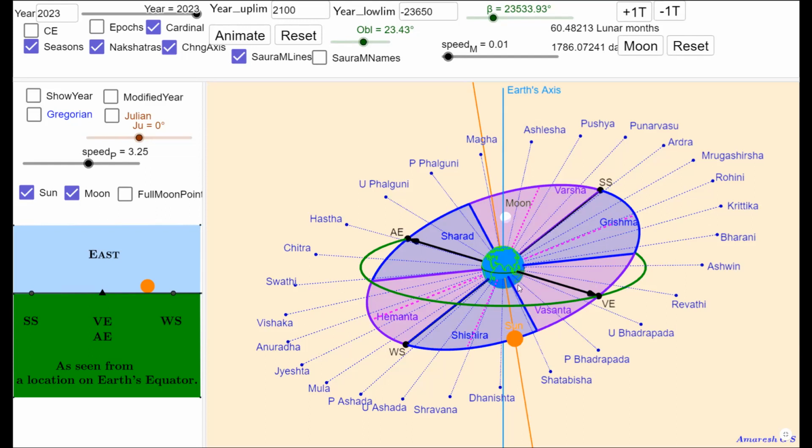And what is the second problem? An associated problem. Instead of calling this the second month of Vasanta Rutu, which was coinciding with the lunar month of Chitra, I'm still incorrectly calling this lunar month Chitra. And which season is it coinciding with?